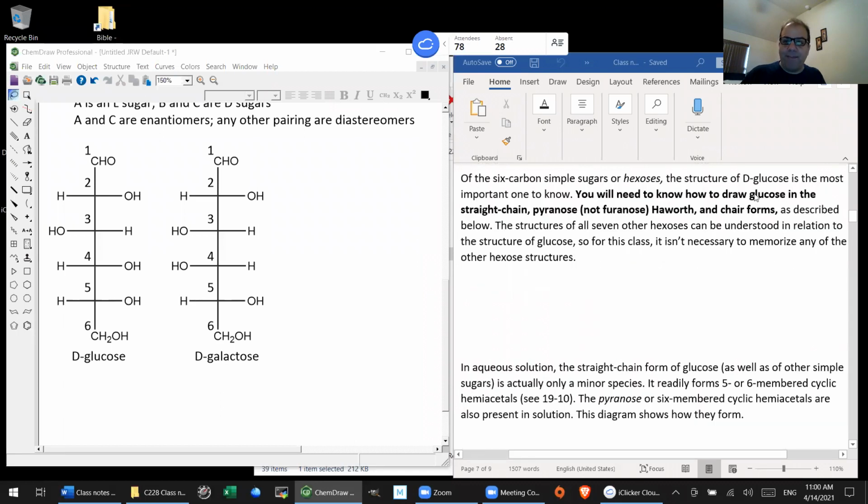So, like I said, I'm pretty clear in the class notes what you'll need to know here. I think it's good if you can draw D-glucose in the straight chain form, which actually is a very minor part of the equilibrium. But all of these sugars are in rapid equilibrium with some cyclic forms, and we'll go over those next, as well as how to draw them.